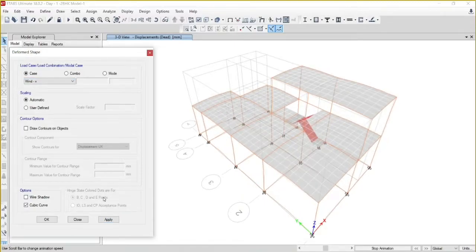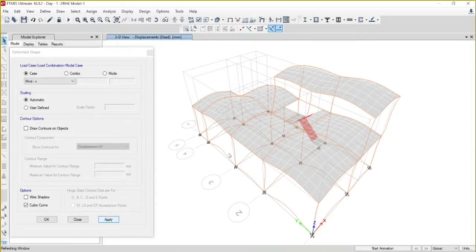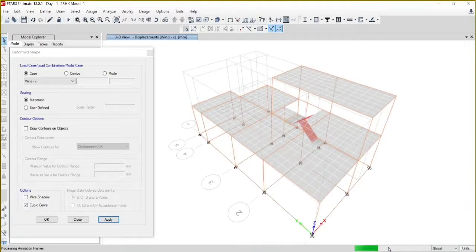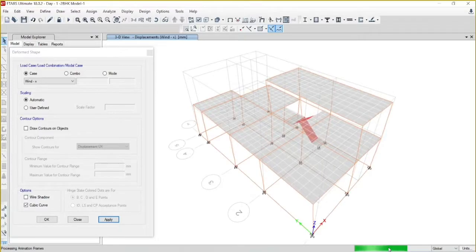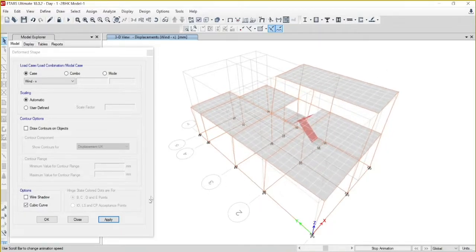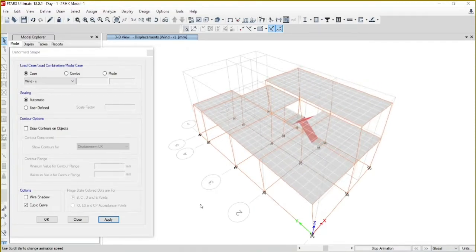Let us look into wind load in x direction. Now we have applied the wind load in x direction, and let us start the animation. Note here that the current deflection is in lateral mode. We have applied this as x direction.